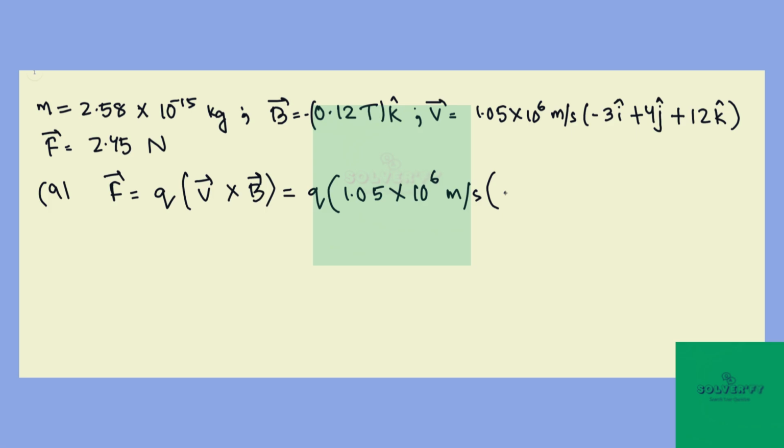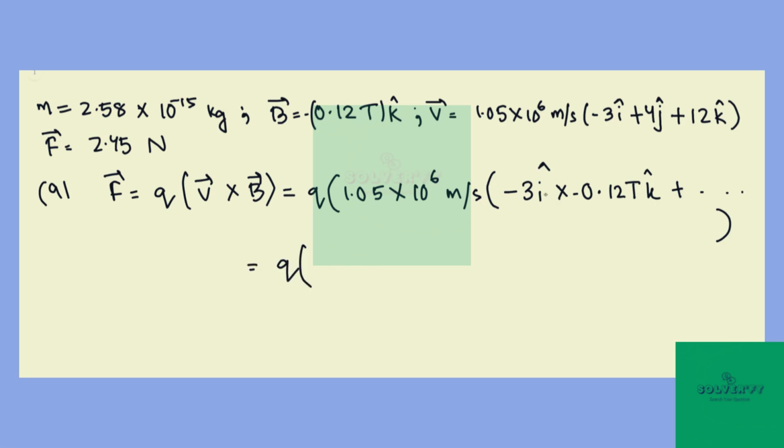So let's do that. So this will be 3 I cap times 0.12 Tesla K cap, and so on.